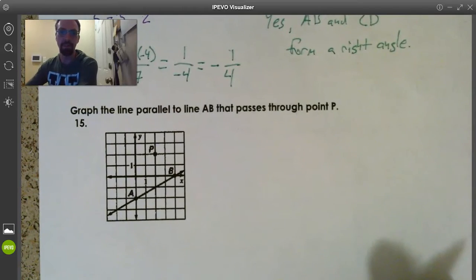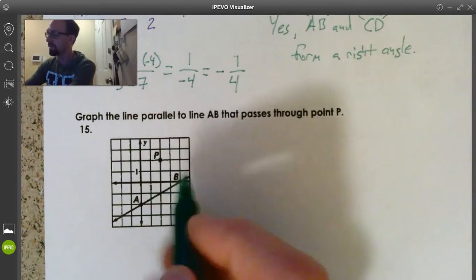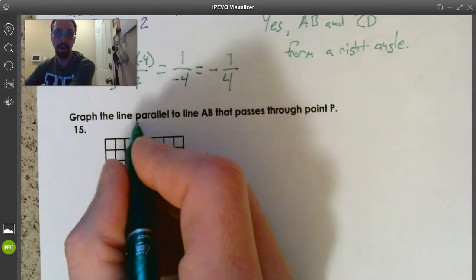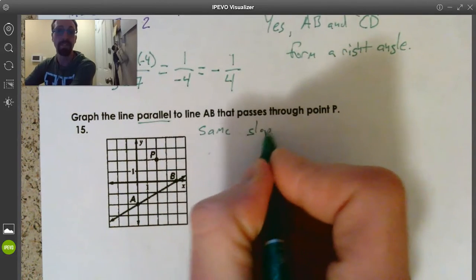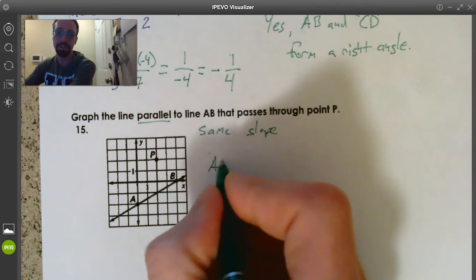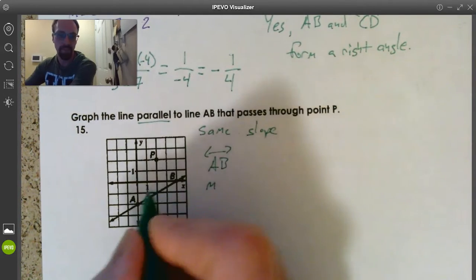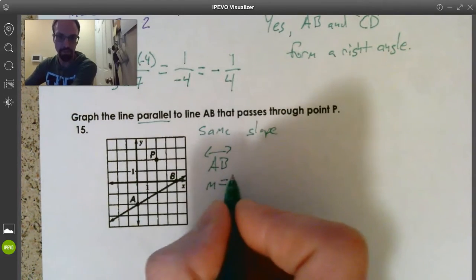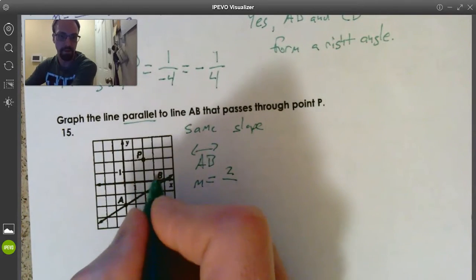This one says, graph a line parallel to line AB that passes through point P. So if it's parallel, that means it has to have the same slope. So parallel means same slope. It means I need to find the slope of AB first. So the slope of AB is, I'm going to just do rise over run here. So 1, 2 over 1, 2, 3, 4.